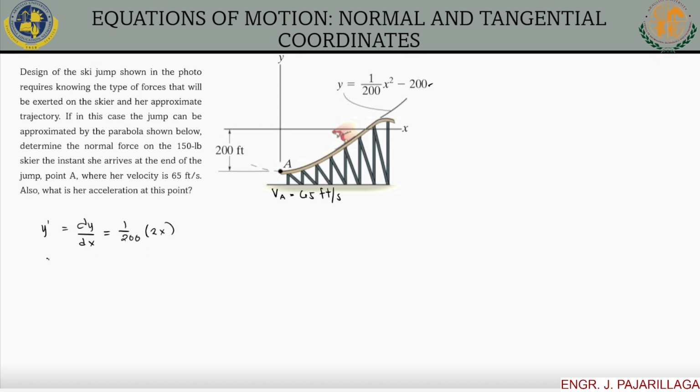Okay, so at y is equal to 200, actually negative 200, we have y equals 1 over 200 x squared minus 200.